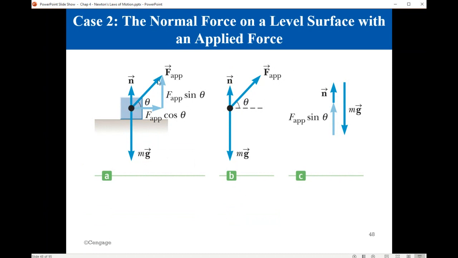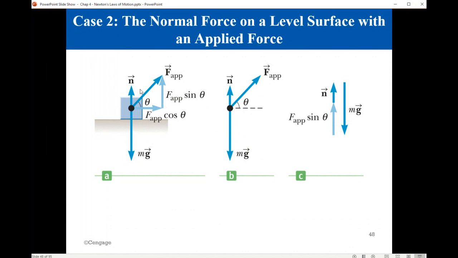If you act with a force like this, applied along this direction, still there may be no motion. For the vertical direction, you can decompose this force into two components, one horizontal and one vertical. The horizontal component is F cosine theta, and the vertical component is F sine theta.